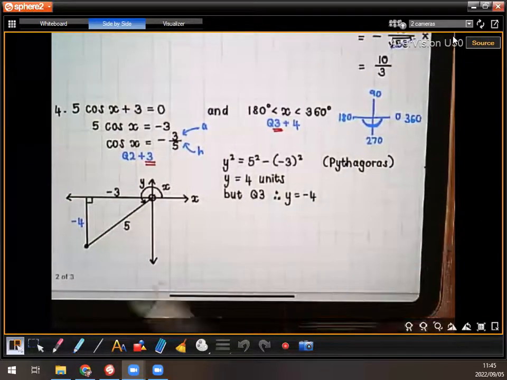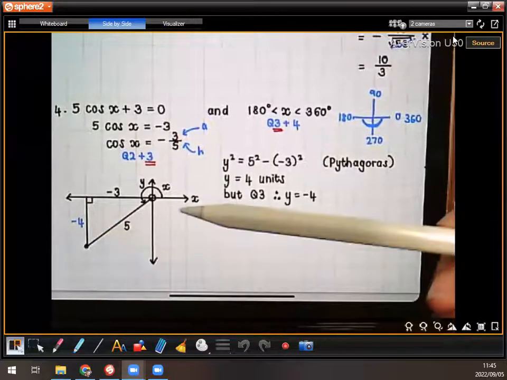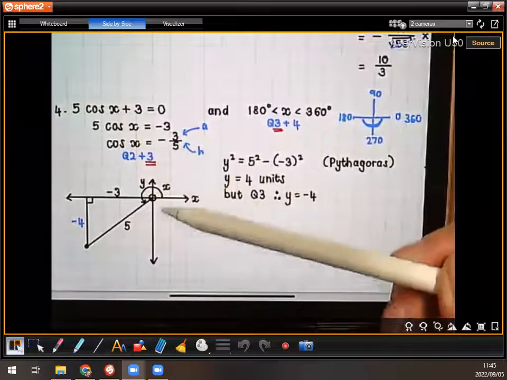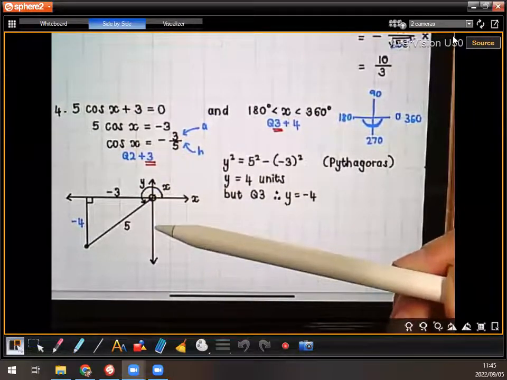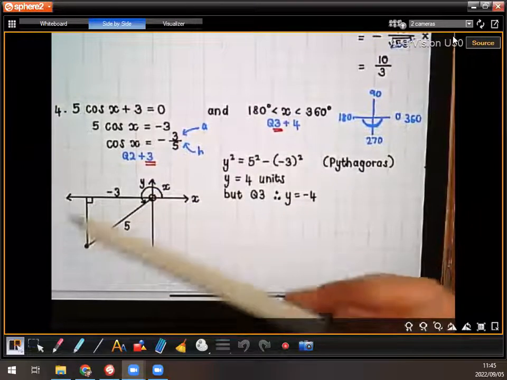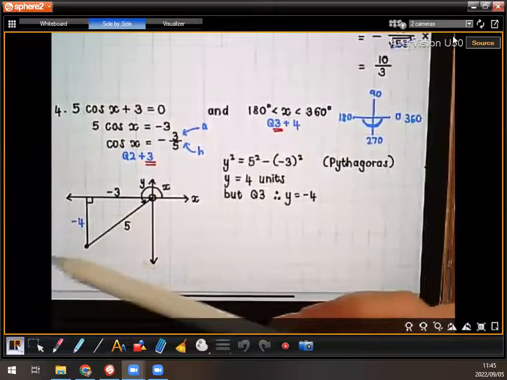Do you understand why that is, guys? It's because it's on the negative side of the y-axis, right? Y is 0 there, positive y values up there, negative y values down here. Yeah, okay, so y is 4 units, yes, but because it's in quadrant 3, the actual value of y has to be negative.